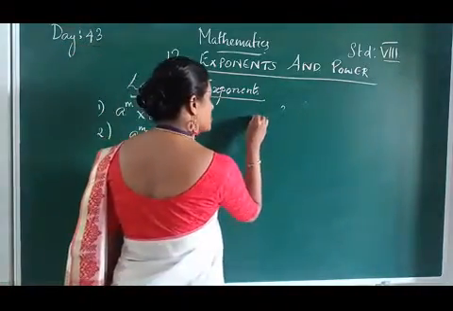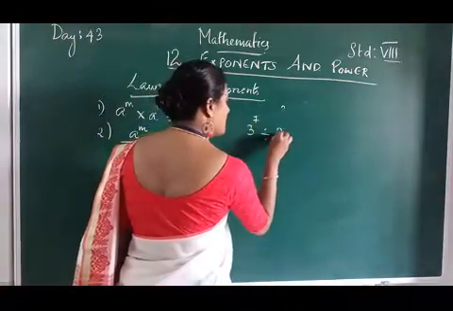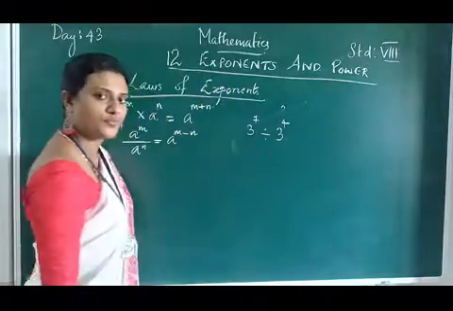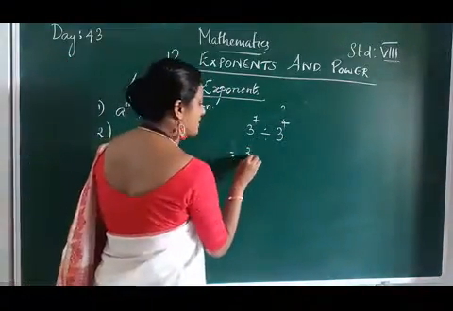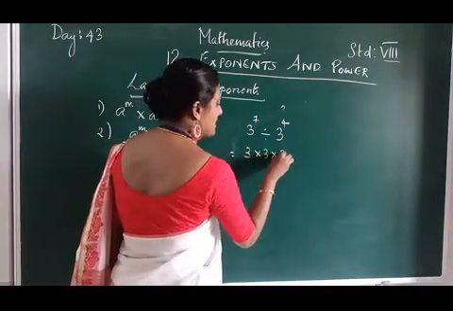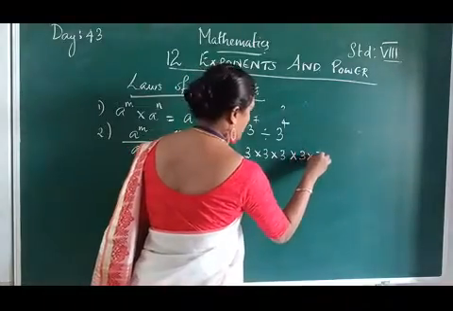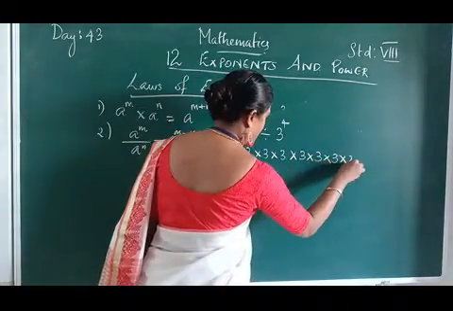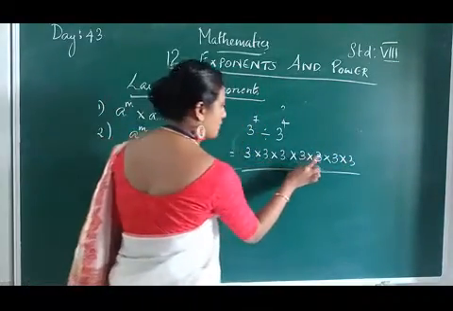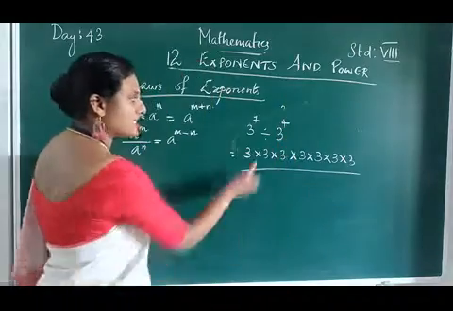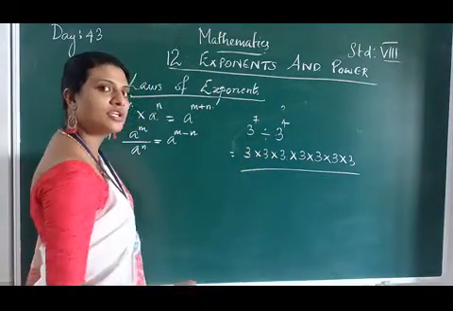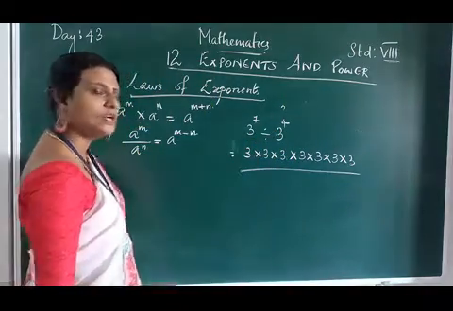Suppose 3 raised to 7 divided by 3 raised to 4. 3 raised to 7 means 3 is multiplied 7 times: 3 into 3 into 3 into 3, 1, 2, 3, 4, 5, 6, 7. Next, divided by 3 raised to 4, which means 3 is multiplied 4 times.